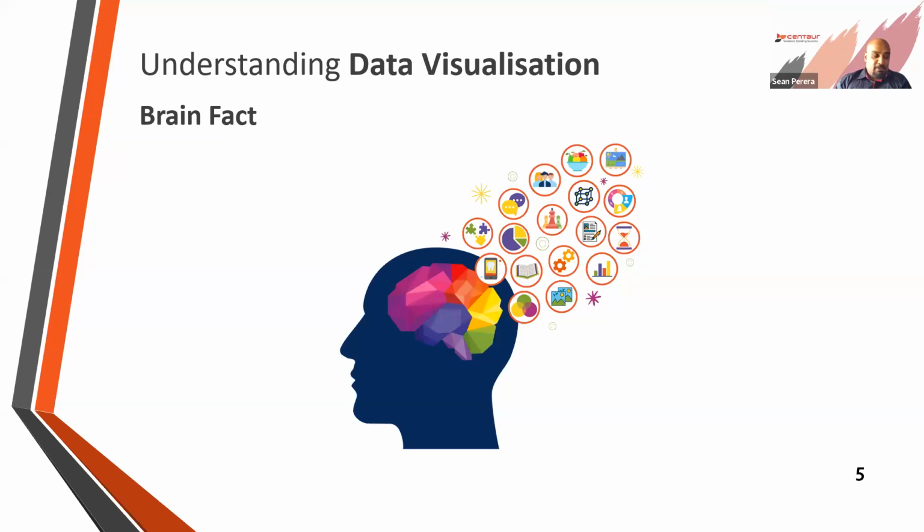That is because visual representation of data is more comfortable for the brain to process than reading and comprehending text, then converting that into a mental visualization that may or may not be accurate. So a lot of theory in this part, but let's look at a practical example.